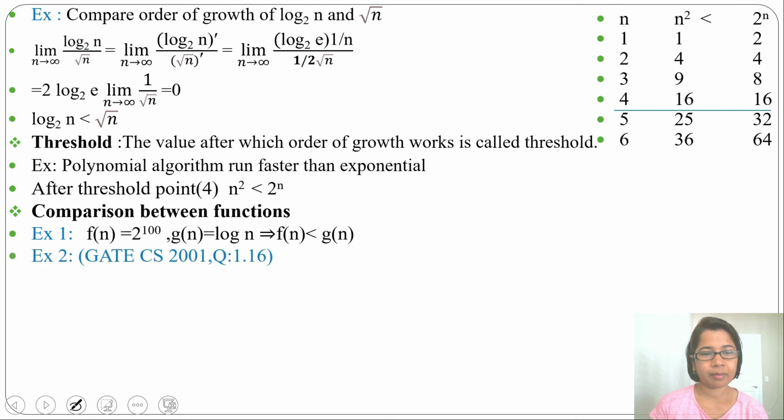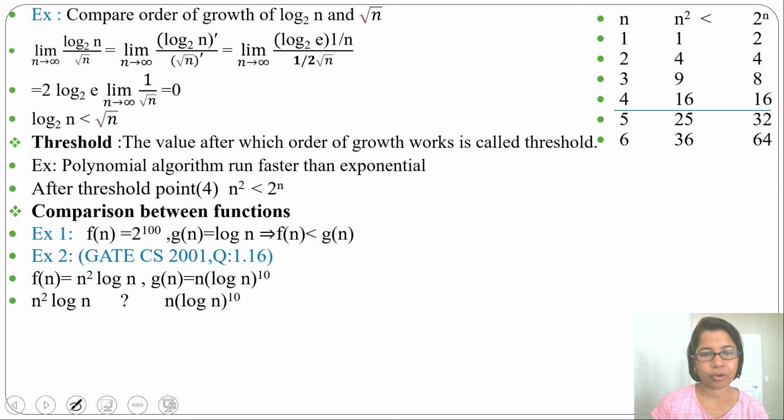Let's see another example. This was asked in GATE CS 2001. f(n) is n square log n, g(n) is n (log n) power 10. One way, you can substitute some number in place of n and compare. Another way, just simplify the function. One function is n square log n, another is n (log n) power 10.